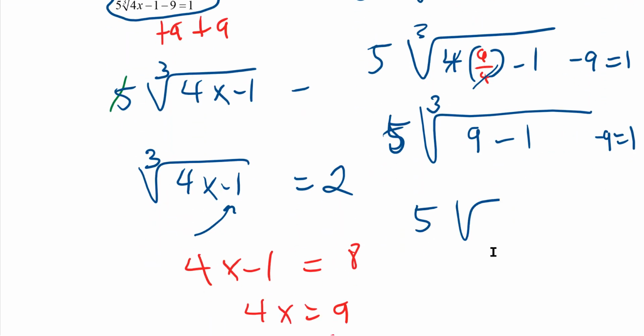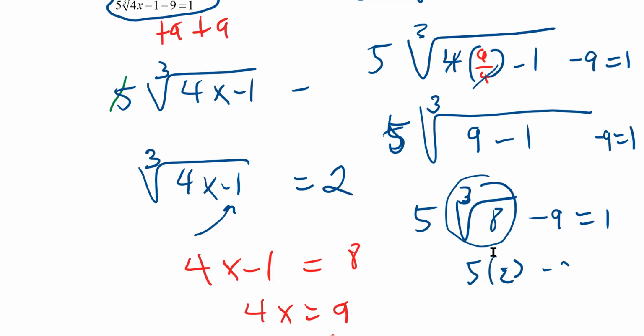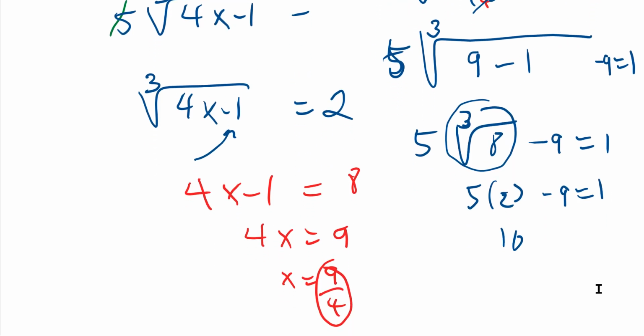So that's 5 times the cube root of 8 minus 9 equals 1. Well, the cube root of 8 is 2, so that's 5 times 2 minus 9 equals 1. So that's 10 minus 9 equals 1. That is clearly true. So that means 9/4 is the correct answer.